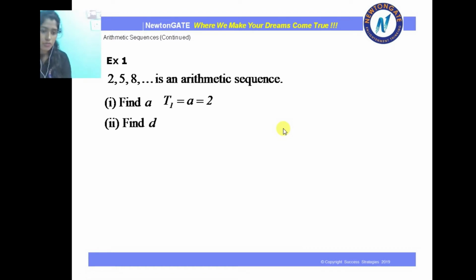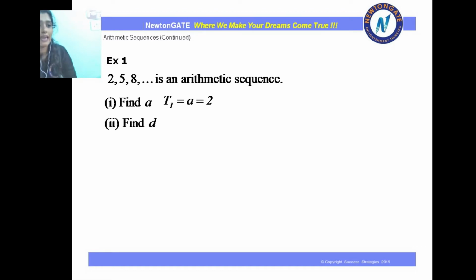Second, we have to find D, that is the common difference. Now, if you remember students, we had discussed the common difference formula in a minute. We said that any term you take, you subtract the term before that. So, let us take 8 and the term before that is 5. So, 8 minus 5 is 3.